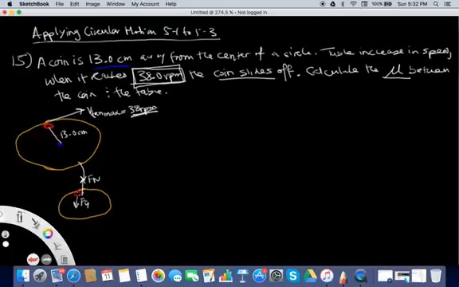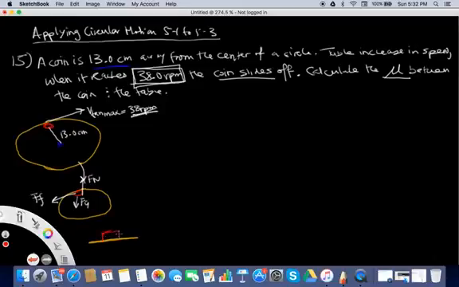We also know that there is a frictional force that's going tangent to this circle. There's no applied force, but there is a frictional force. So maybe if I were to redraw this, I'd say that this is the surface of the turntable, and this is the coin that's resting on it.